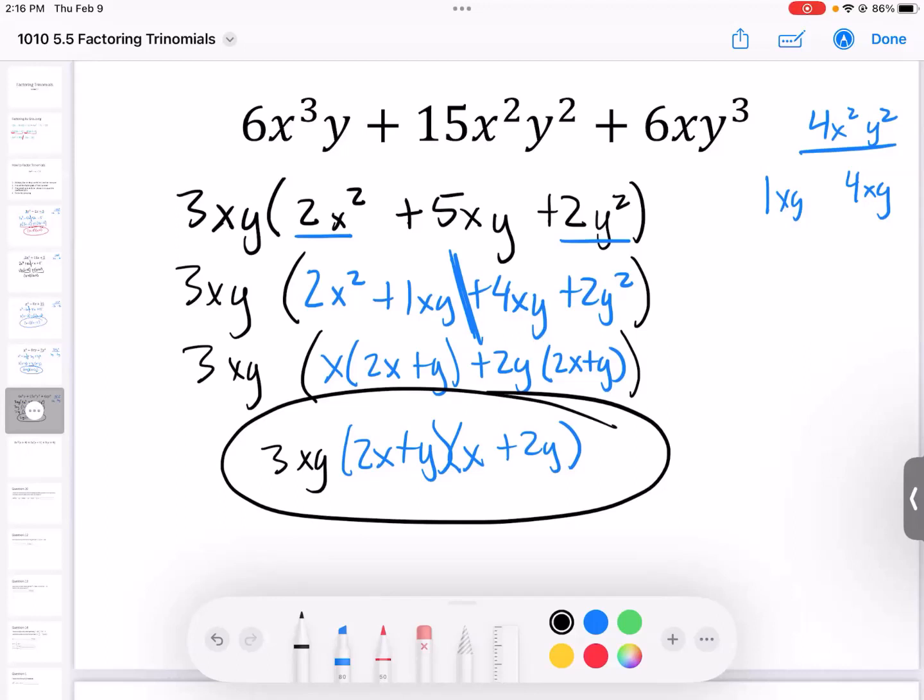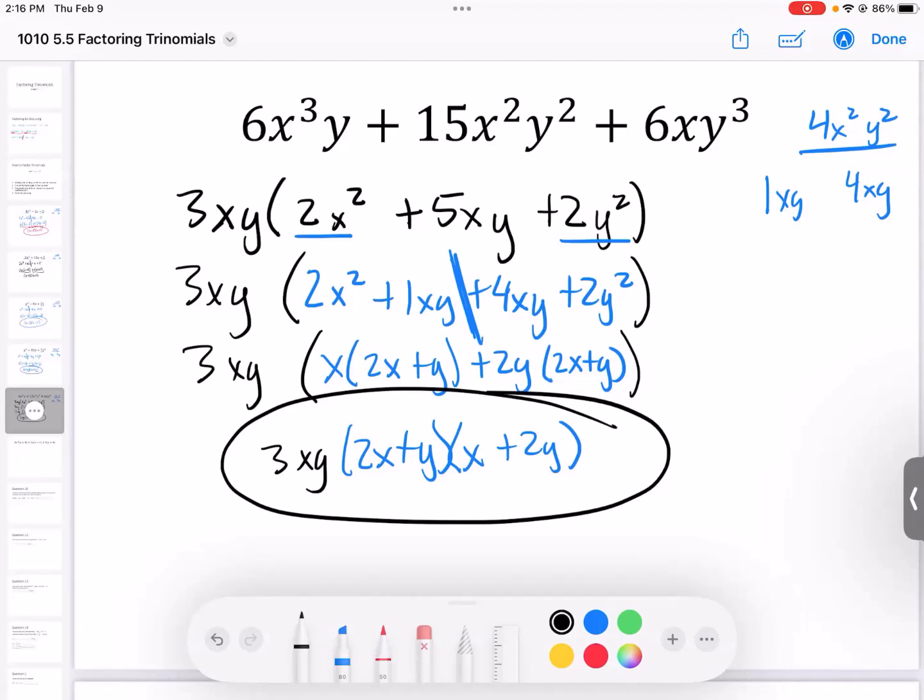Did you have a question? Yeah. How would you be able to recognize between maybe that process, but besides the other process for trinomials? So this one is the trinomial process, but we do it at the second step. We first of all look through and see if there's anything they have in common, because that's the easiest type of factoring.